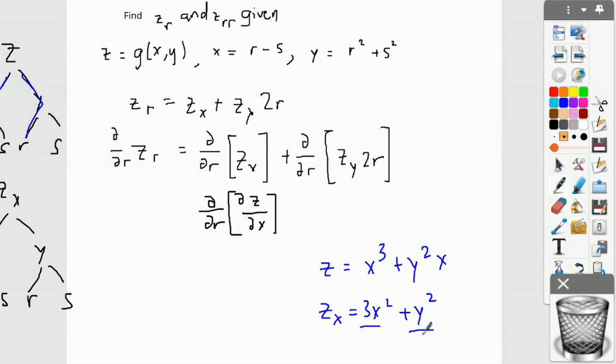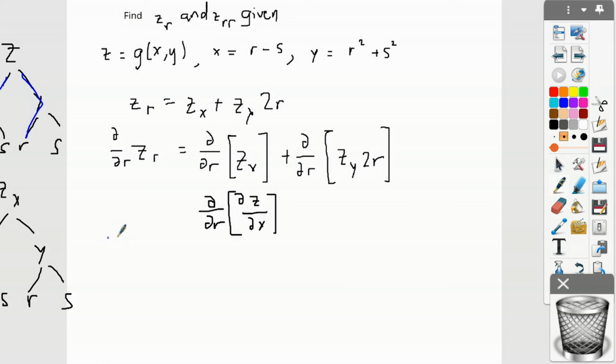It's still in terms of x and y. It's not a number. It's not a complicated thing. It's not like an abstract thing like dx. It's still a function.